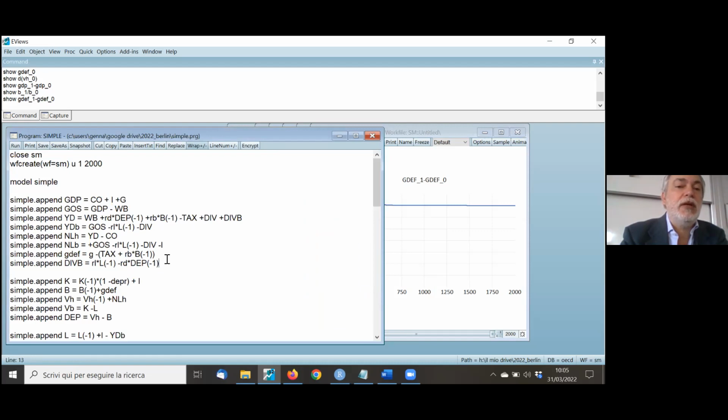Yeah, there is a mistake in the model. See, you always have to check the properties by running shocks, and we put the interest payments as a revenue instead of a payment. So we have to fix this and hope that the model will solve as nicely as it did.